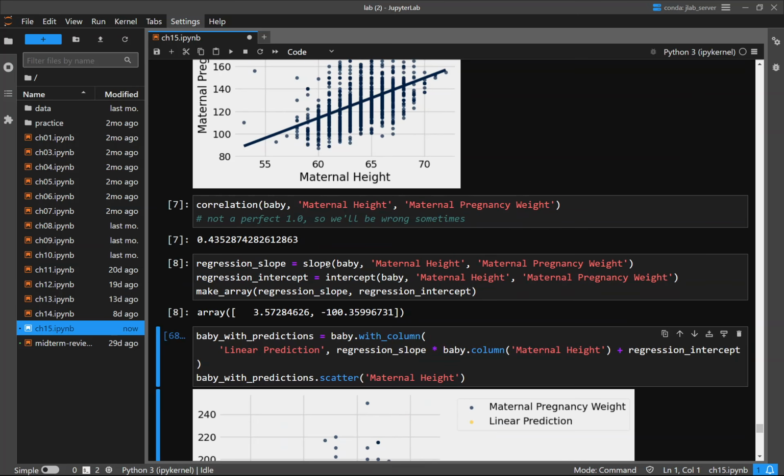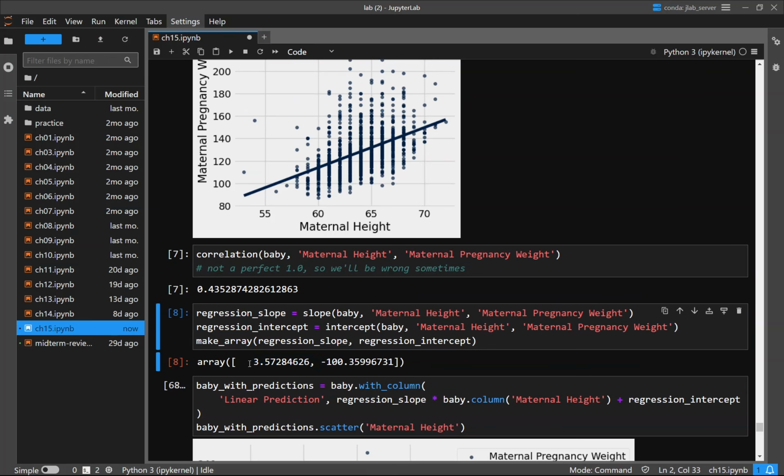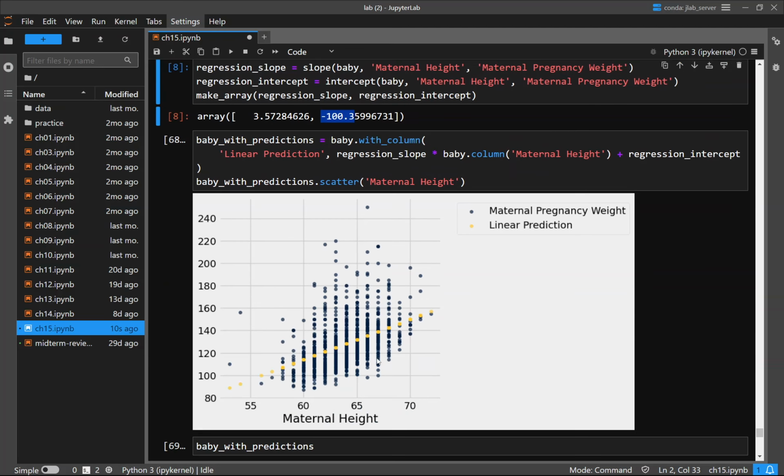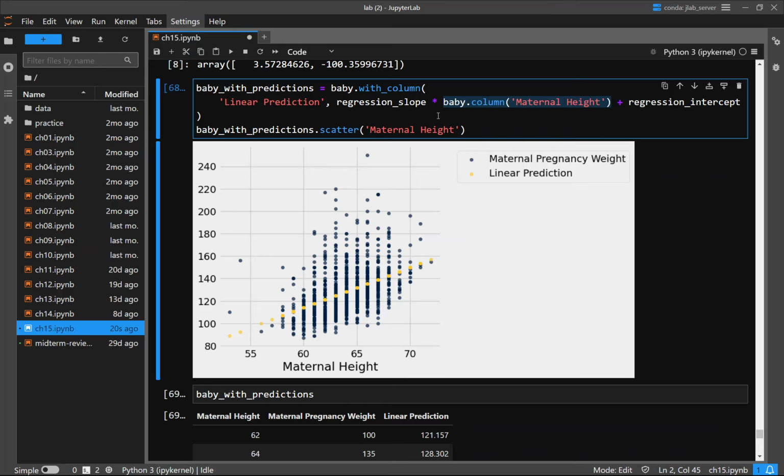So it looks like when we're estimating weight given height, the slope of the line is 3.57-ish, and the y-intercept was -100-ish. And so using that, we're able to make predictions. Given every mother's height, we can predict what the line was going to do.